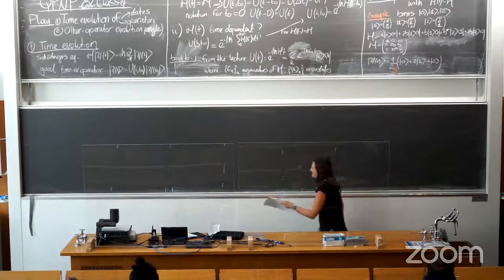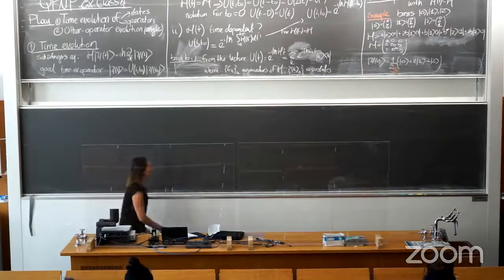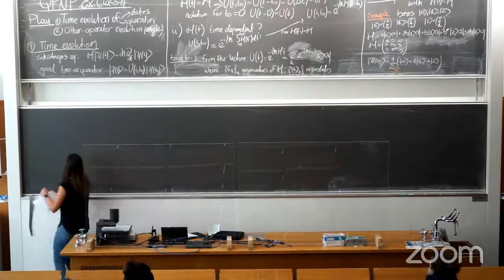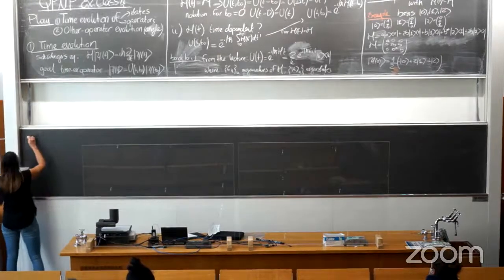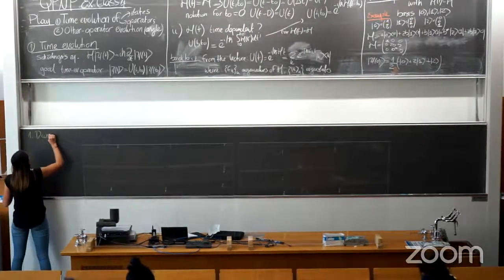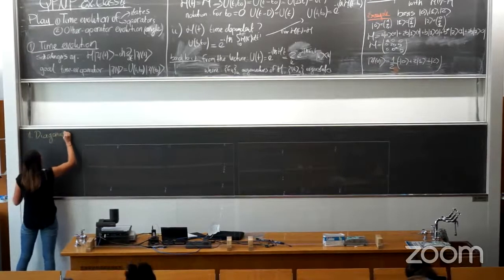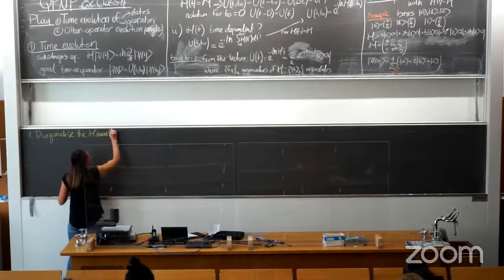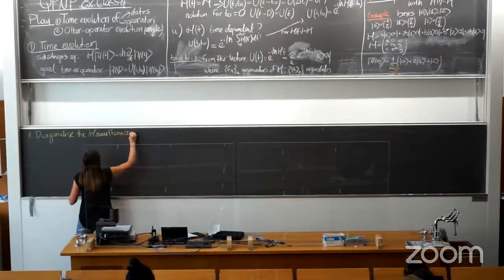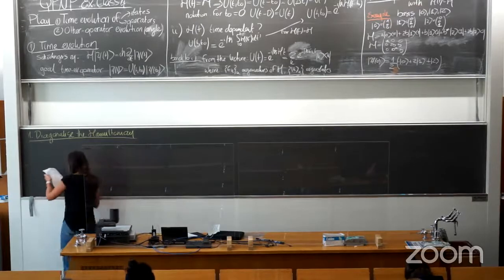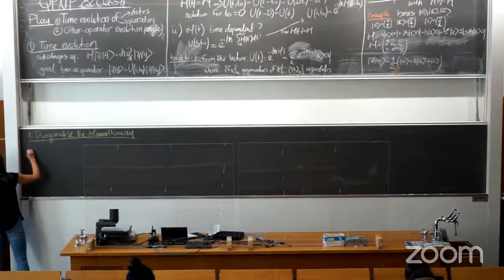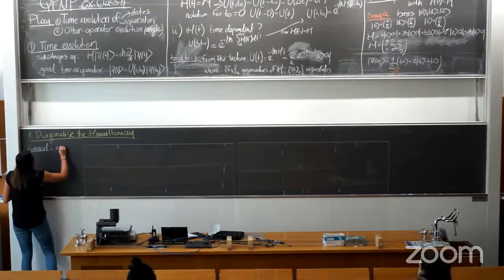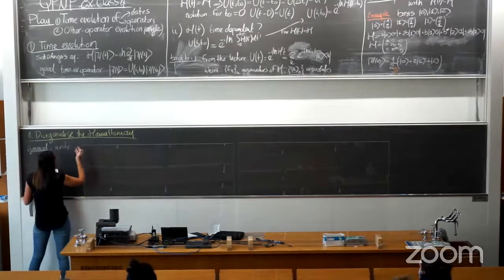The first step is to diagonalize the Hamiltonian. There are different ways, but I would say write H in matrix form.